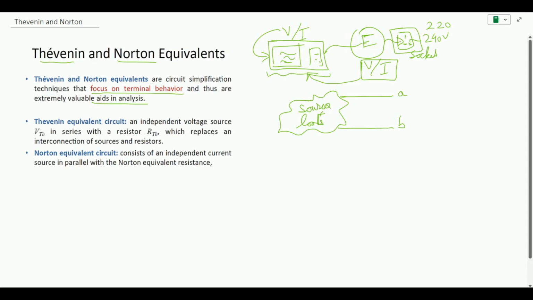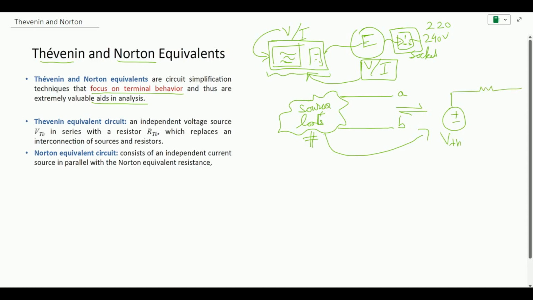So how can we represent these multiple sources and multiple loads? Thevenin says that you represent these multiple sources with just a single voltage source. We call this V Thevenin.